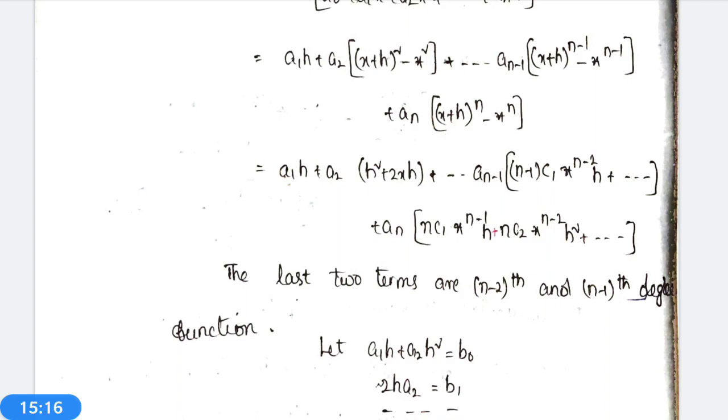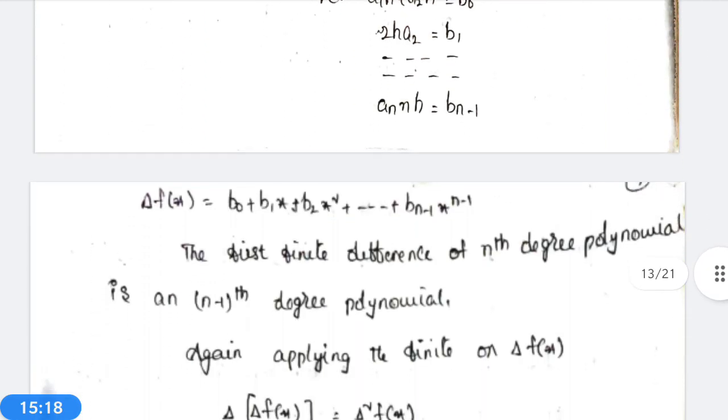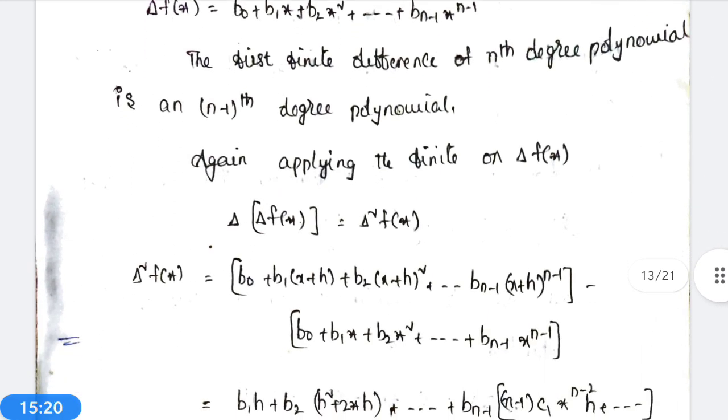That is, delta square fx is equal to b0 plus b1 into x plus h plus b2 into x plus h whole square plus etc. plus bn minus 1 into x plus h whole power n minus 1.